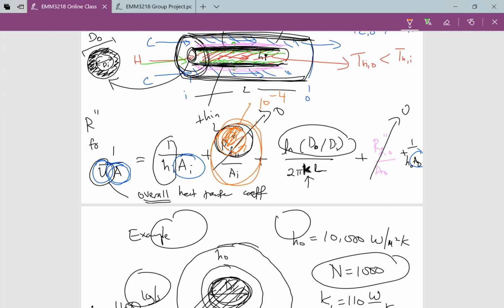So you plug in that value, divide by the area, don't forget, and then you will get the new 1 over U and then the new U. So for part B, U equals 1800. You see that the overall heat transfer coefficient, U, is reduced.